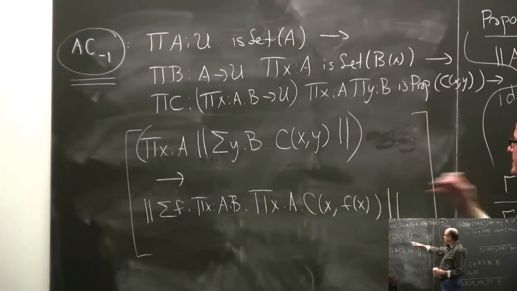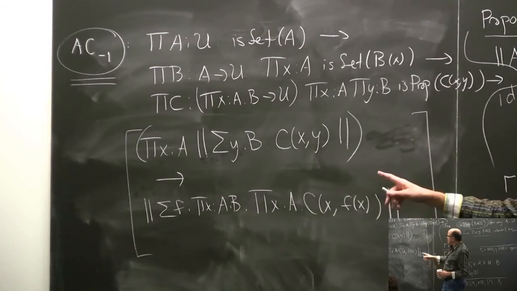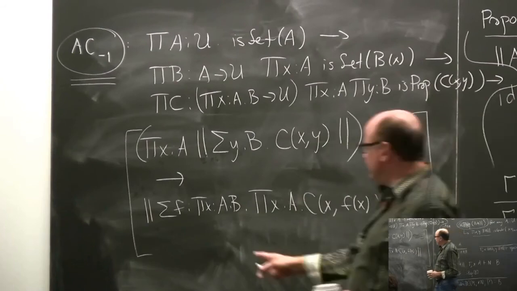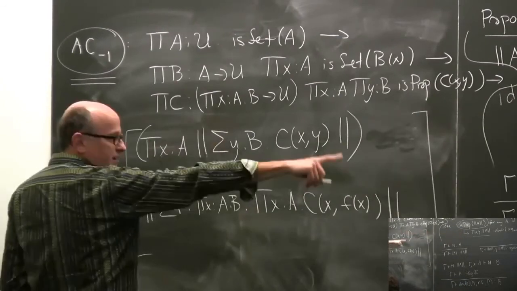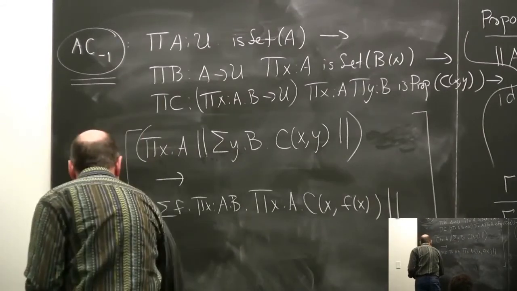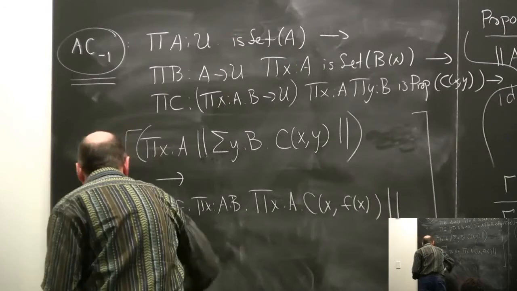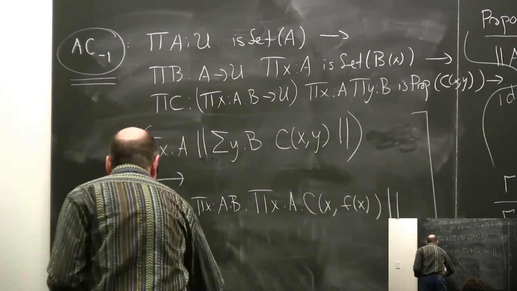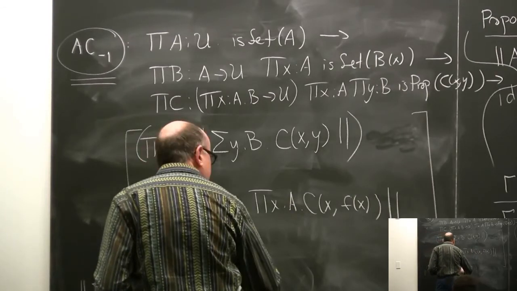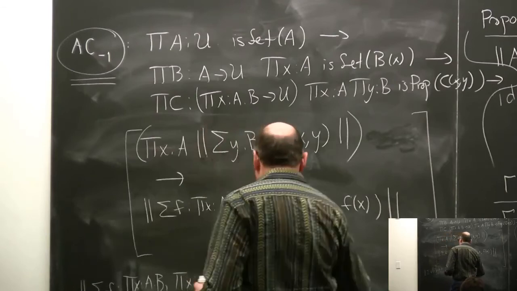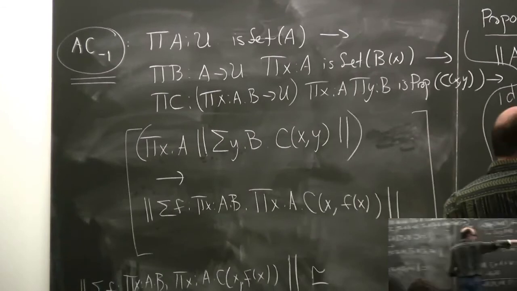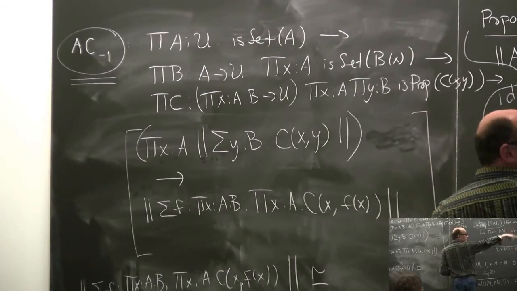Okay, so now let's do a little hocus pocus on this to reduce it to something even simpler. There's another way of saying the same thing. What I'll do is observe that by the very equivalence that I mentioned before, if you look at this one on the right here, sigma f in pi x in A, B, such that C of x, f of x, that thing is equivalent to, what I'll do is run the AC infinity, so to speak, backward, okay?